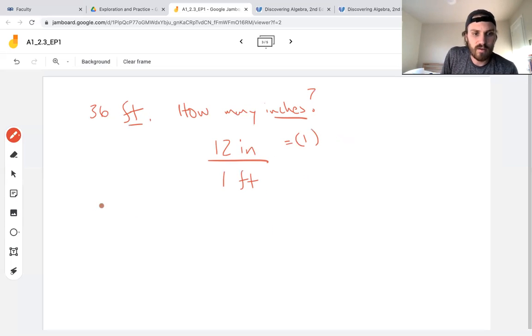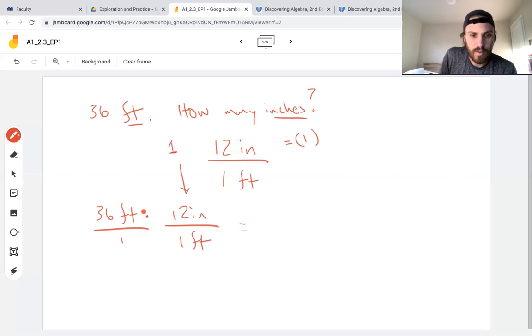So if we take 36 feet and we multiply it by 12 inches over 1 foot, we're not changing the quantity, because remember, this fraction right here is equal to 1. But what happens is the feet divide with the feet, and we're just left with inches. And 36 times 12, well, it's 360 plus 72, which should be 432.